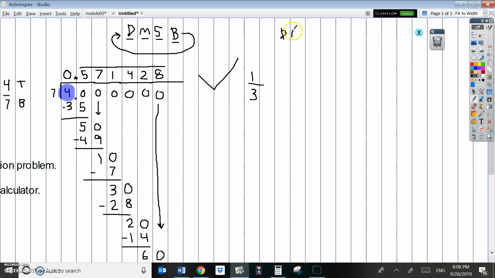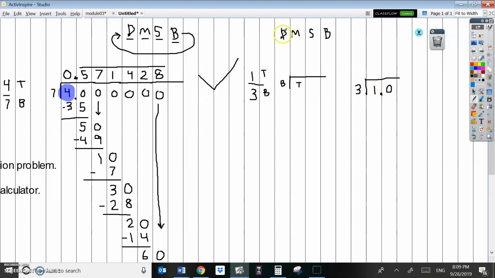Divide, multiply, subtract, bring down. Divide the top by the bottom. Should look like that. So, 1 divided by 3. Put in a decimal. Put in a 0.